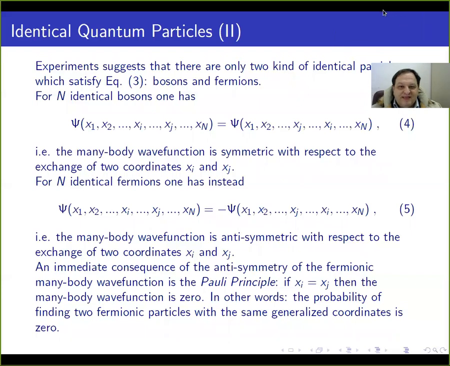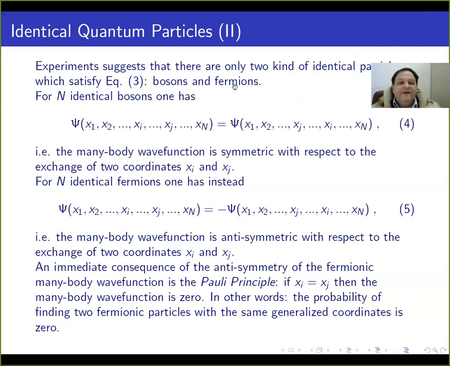Experiments suggest that there are, well, at least two kinds of identical particles which satisfy equation 3, which are bosons and fermions. There are also other, more exotic particles like anyons, but we will not consider anyons in this course.